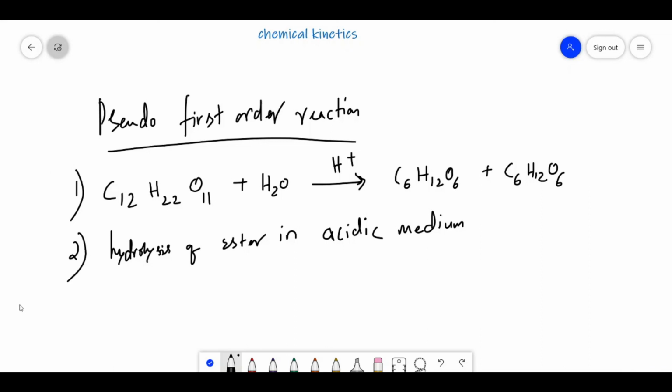You can write any ester, that is an organic ester, and the same reaction with water. That is also an example for pseudo first order reaction. And if in the same question, instead of this H plus ion, they mention OH minus ion, then it becomes a second order reaction. So only acidic medium is first order, and if the medium changes from acidic to basic, then the order of reaction will be equal to 2.